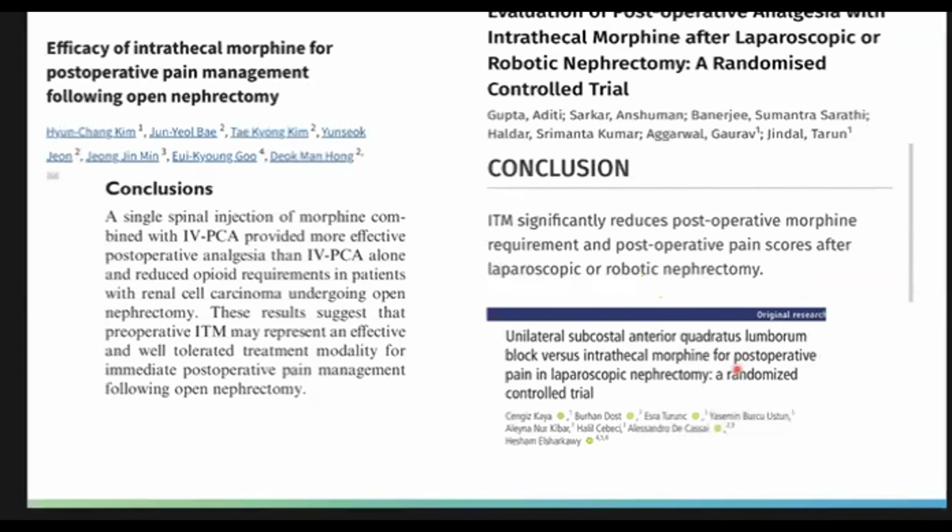Another study was conducted to compare the use of intrathecal morphine and unilateral subcostal anterior quadratus lumborum block for postoperative pain in laparoscopic nephrectomy. Though it was not a comparative study, it was found that intrathecal morphine injection provided superior analgesia as compared to subcostal anterior quadratus lumborum block.